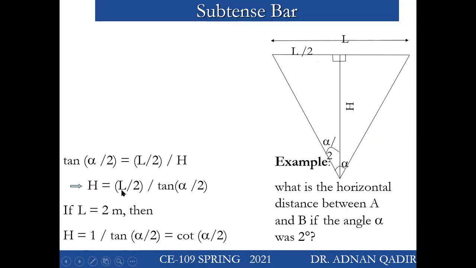So this is how you show tangent alpha by 2 is L by 2. These are all trivial things. You always know how you come up with this horizontal cot alpha by 2. So this is a simple question. What is the distance between A and B? The angle alpha was 2 degree.